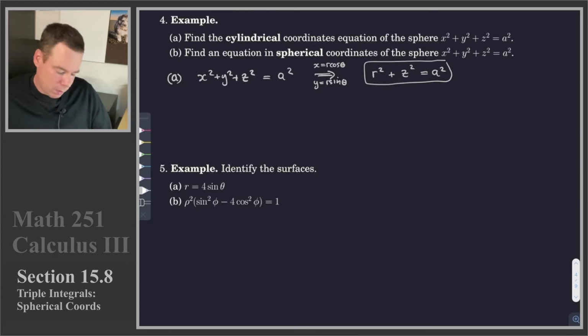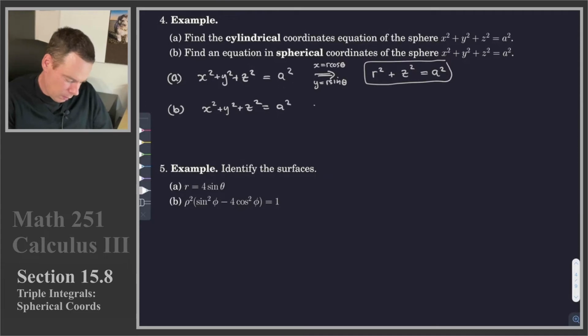Let's now describe the same sphere, but using spherical coordinates. So again, we've got x squared plus y squared plus z squared is equal to a squared. In this case, we're going to use x is equal to rho sine phi cos theta, y is equal to rho sine phi sine theta, and z is equal to rho cos phi.